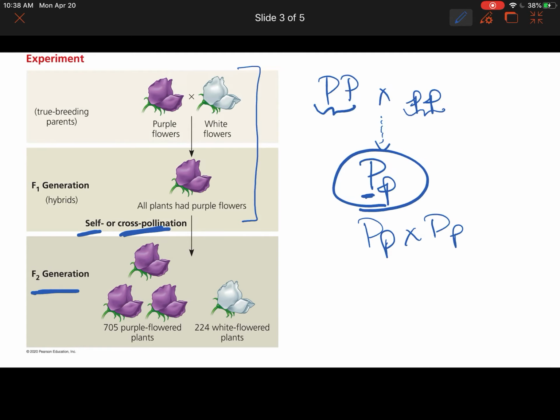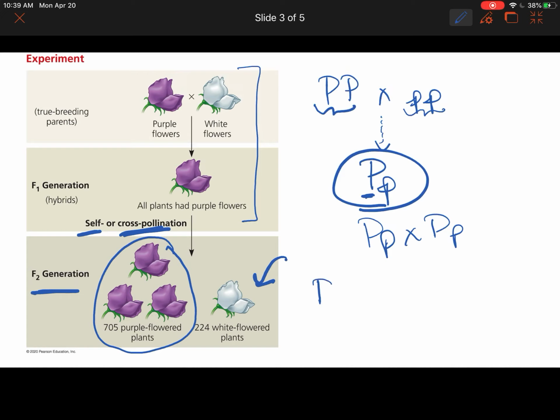The F2 generation is where things really start getting interesting, because in the F2 generation, that white trait showed back up, but it only showed back up a quarter of the time, okay? The rest of the time, the rest of the F2 offspring expressed the dominant phenotype.